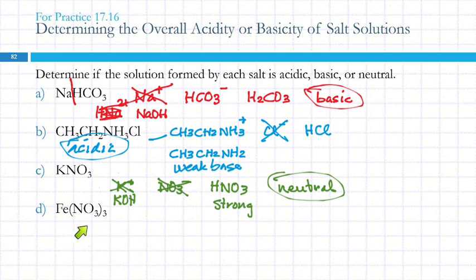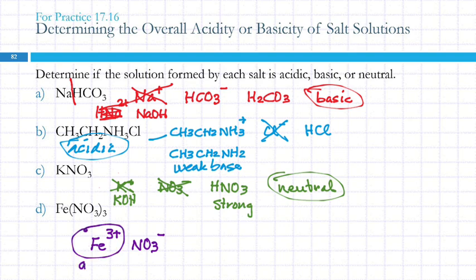Let's look at this guy. First element's a metal. There's our ion. And then we've got NO3. NO3 has a -1 charge. There's 3 of those guys, so this must be Fe3+. That's Iron Man.